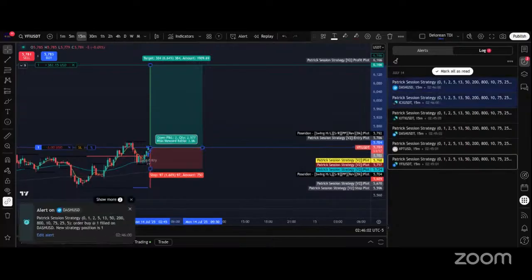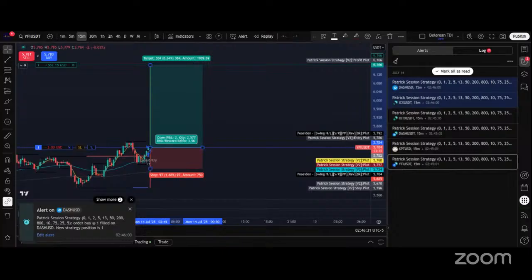We got another one that popped off. This is going to be YFI USDT, 15-minute confirmation, market execution buy. In this case, it's going to be a 3.96 risk to reward ratio. Take profit is 6,166, that's going to be for 384 pips.